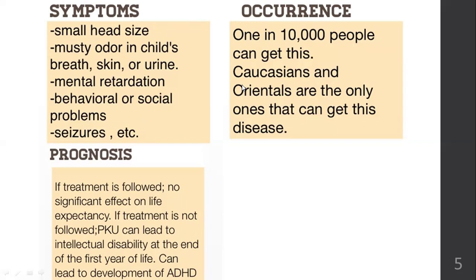It can also lead to intellectual disability if it is not treated properly, or if you're not following the treatment directions properly, in the first year of life. It can also develop into ADHD.